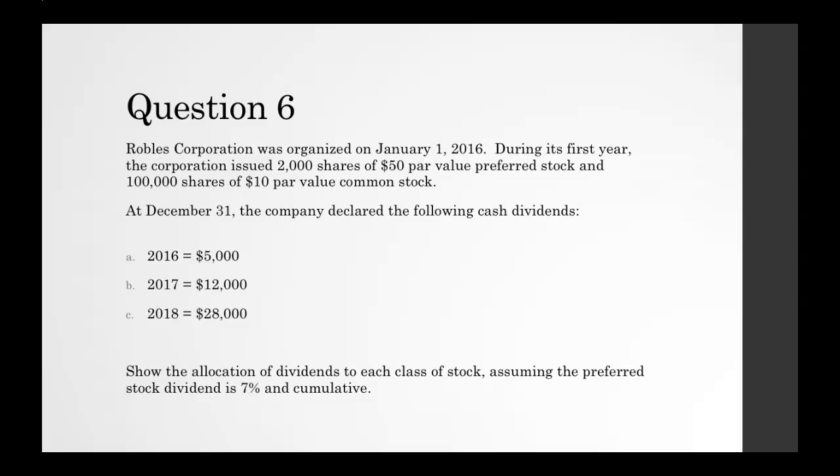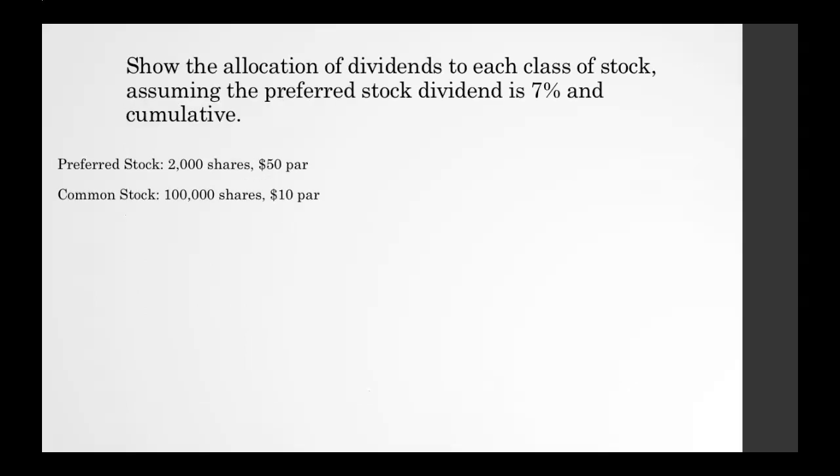So before we can deal with the allocation of the dividend, we first need to figure out what is the annual preferred dividend amount. So to find that, we take our number of preferred shares that we have times the par value for that preferred stock times our dividend percentage.